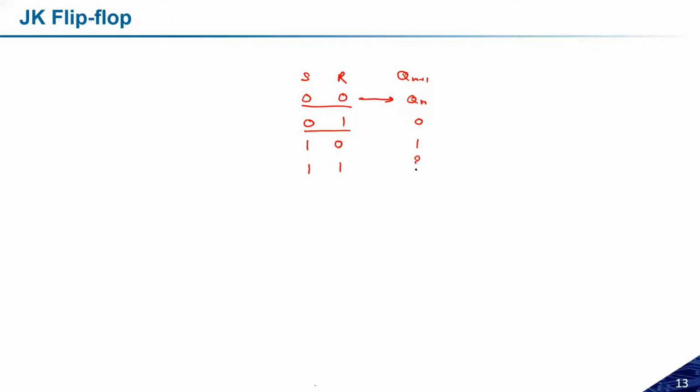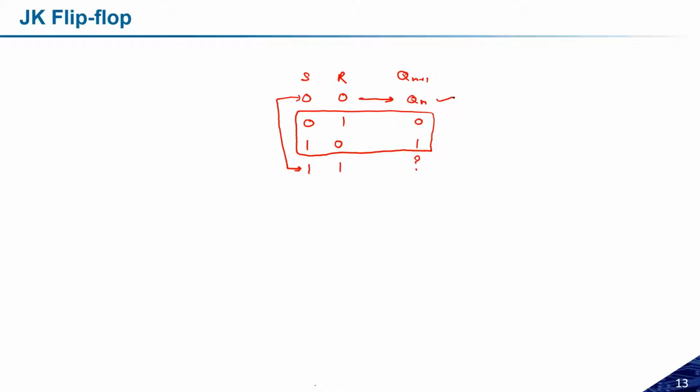So these are the states. If you recall, these 2 states are giving a perfect output as per the requirement, but the other 2 states are not that important. The first combination, 0 0, gives the past state only. If I want to hold the data, this combination is fine.